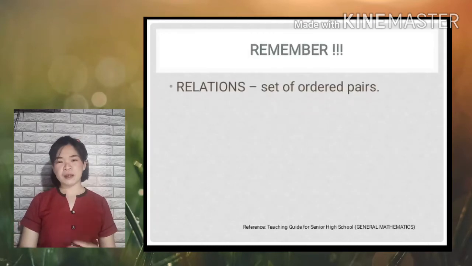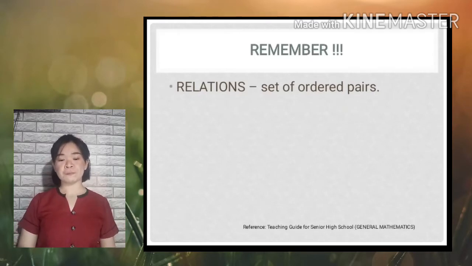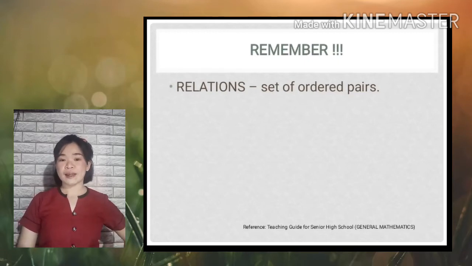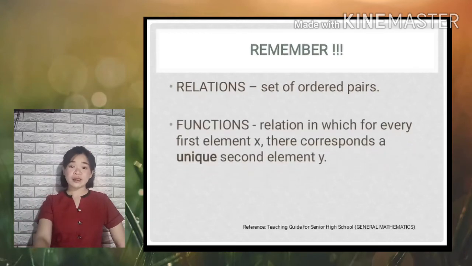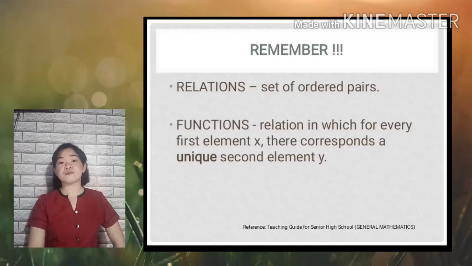Okay, so remember a simple recap about our topic last meeting. A relation is a set of ordered pairs, wherein the first set of the coordinate is called the domain, and the second set of the coordinate is called the range. And when we say function, it is a relation in which for every first element x, there corresponds a unique second element y.